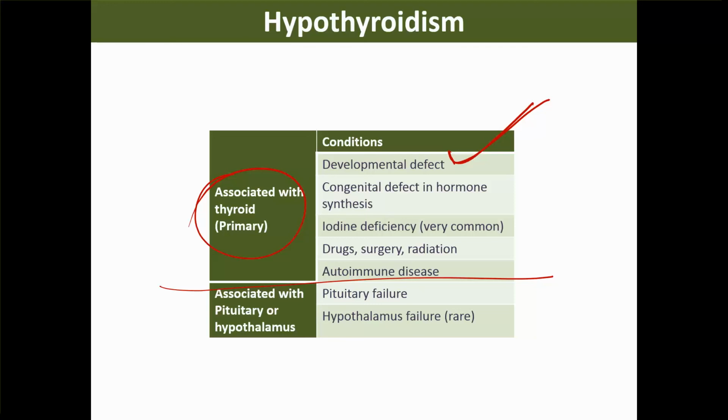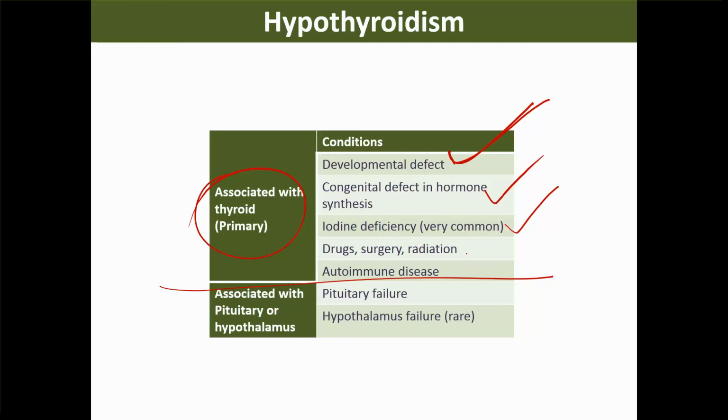Now, a congenital defect in hormone synthesis leads to hypothyroidism. Iodine deficiency, even though I say it is very common, is an old-days ideology. Now we have iodized salt, so it is not seen much.